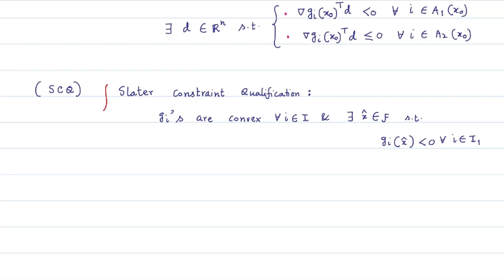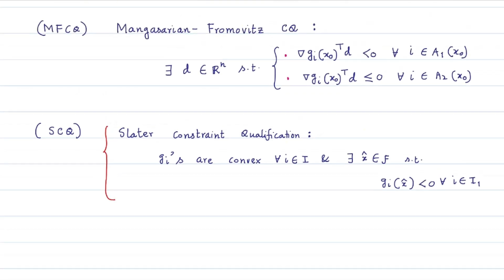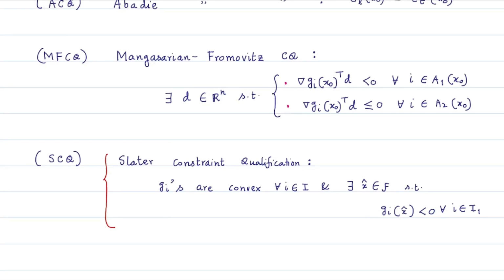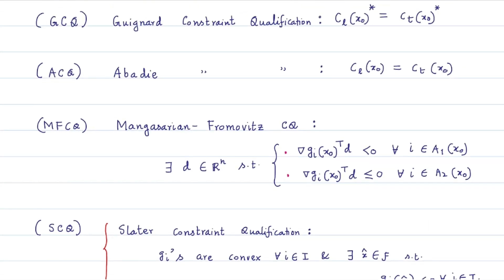Therefore, geometrically, this Slater condition is associated to some kind of non-emptiness of the interior set, and this GCQ is already a geometric condition that the dual cones of the linearizing cone and the tangent cone must be identical. This Abadie constraint qualification is also some kind of geometric condition.